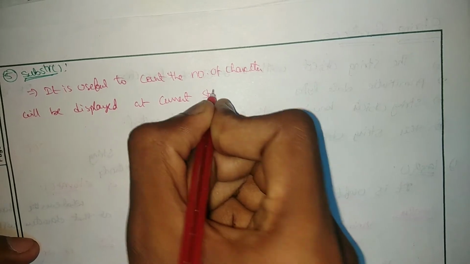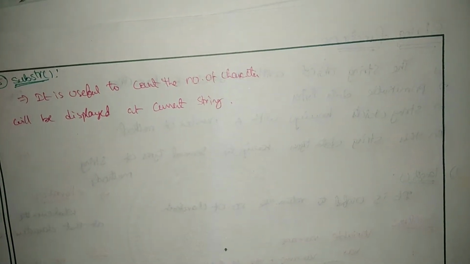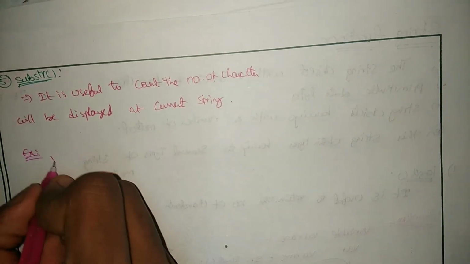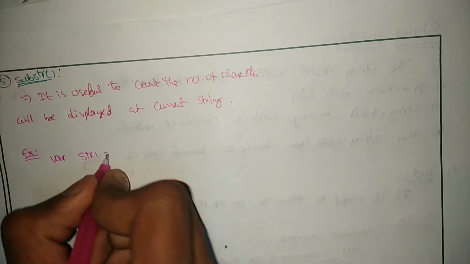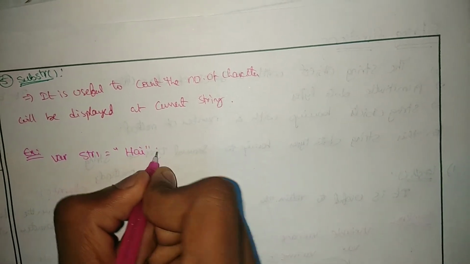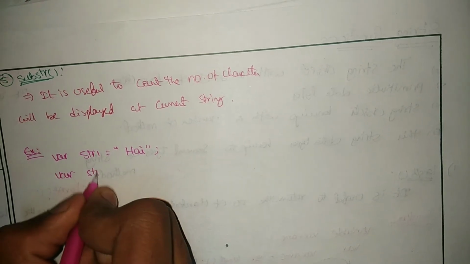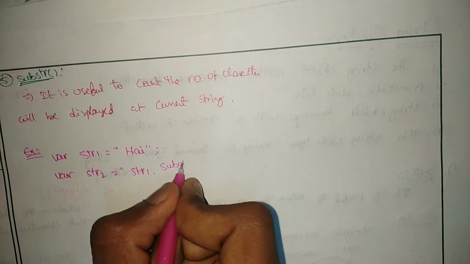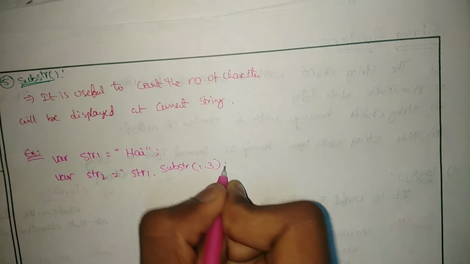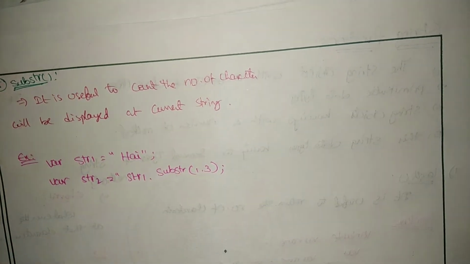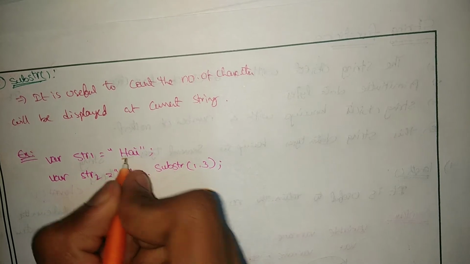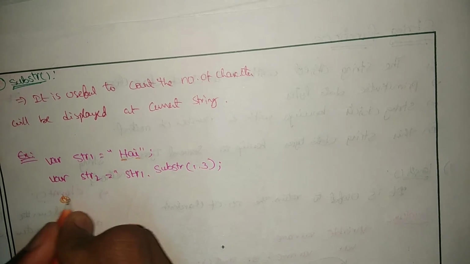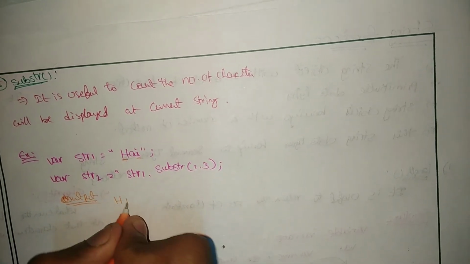Whatever the current string is, the characters from the given positions will be counted and displayed. For example, variable str1 equal to hi. Variable str2 equal to str1 dot substring of 1 comma 3. Here the starting position is given by the first value, and the output will be displayed as hi.